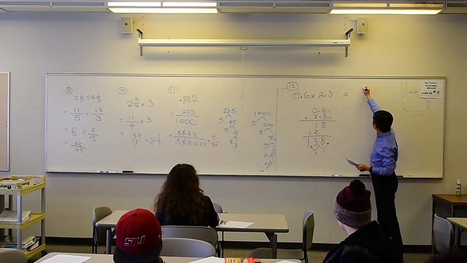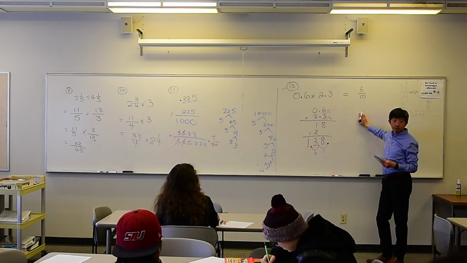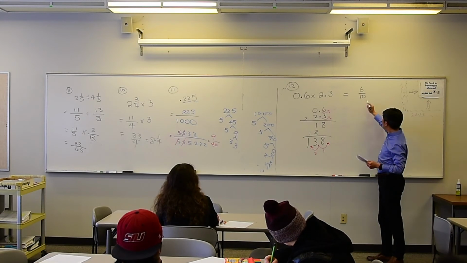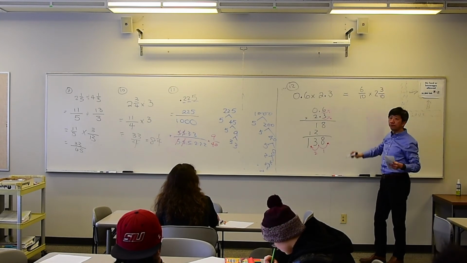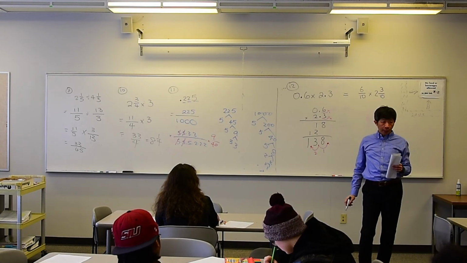0.6, can we say 6 out of 10, yes or no? 2.3 actually is what? 2.3 is 2 and 3 tenths, yes or no? This connects to fractions, right?